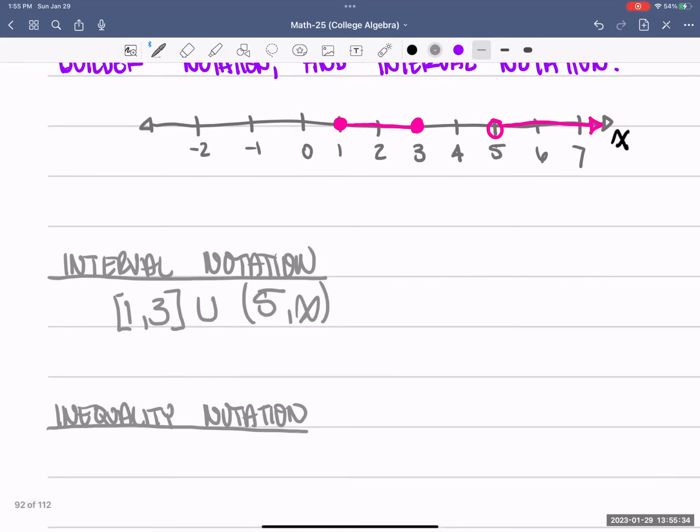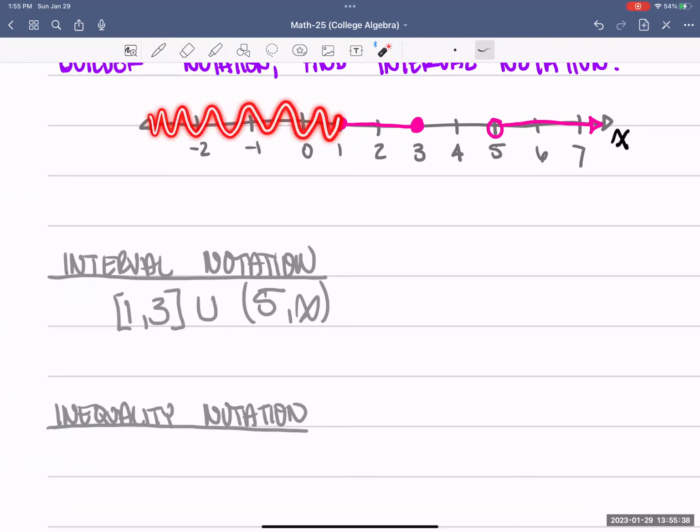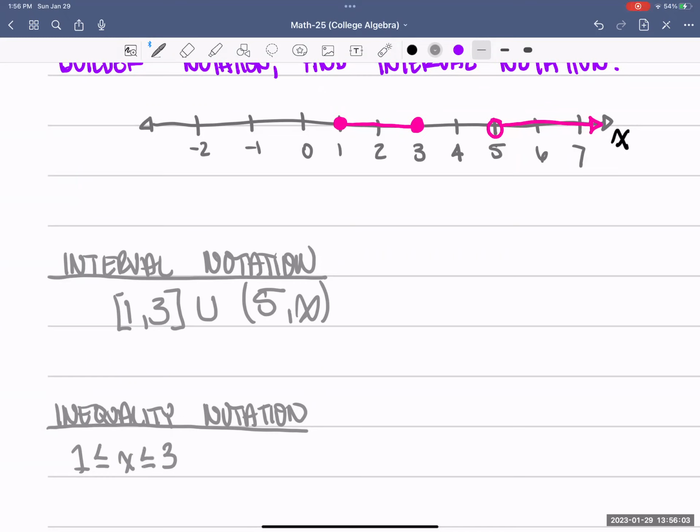I'm just using x because it's what we're going to be using the rest of the semester. But from here, starting off at our leftmost value, we have values of x going from 1 all the way up to 3. And we're saying that 1 is less than or equal to x, and x is less than or equal to 3.